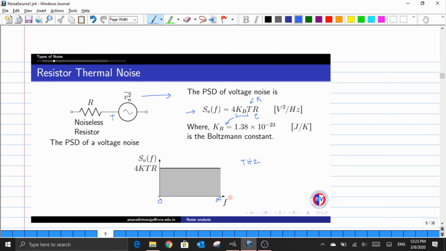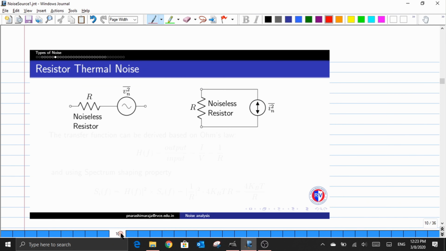Now that we have discussed the power spectral density of a voltage thermal noise, what about the power spectral density of a thermal current noise? In order to compute the power spectral density of a current noise through the resistor, we'll make use of the spectrum shaping property that we discussed as the first property.